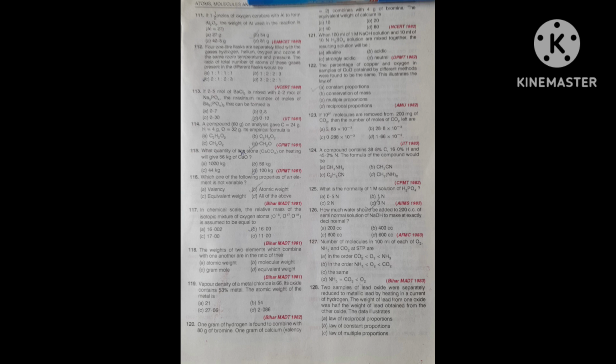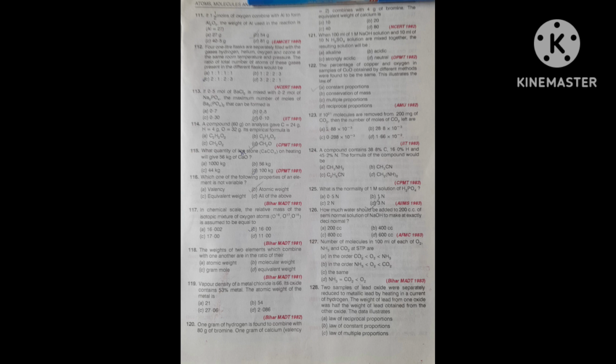First you convert 200 milligram into gram. 200 divided by 1000 means 0.2 gram. 0.2 gram divided by 44.